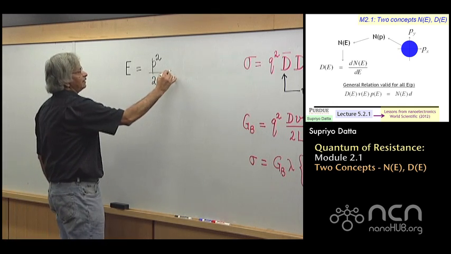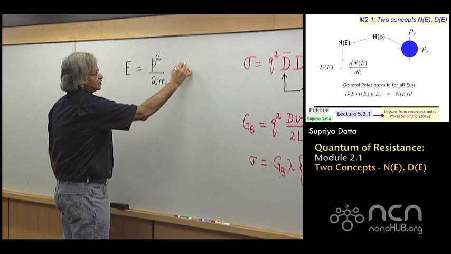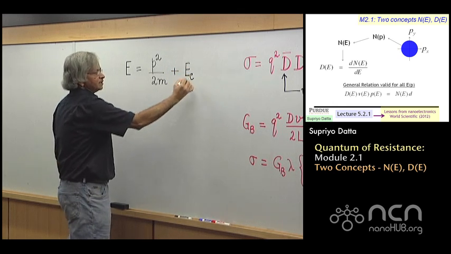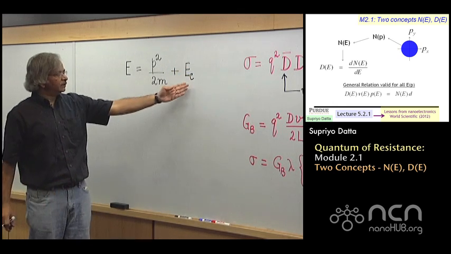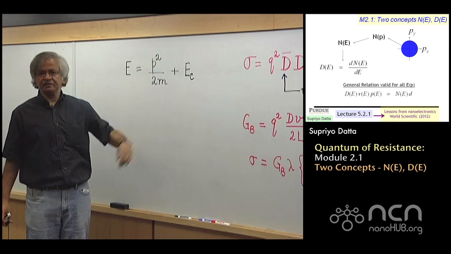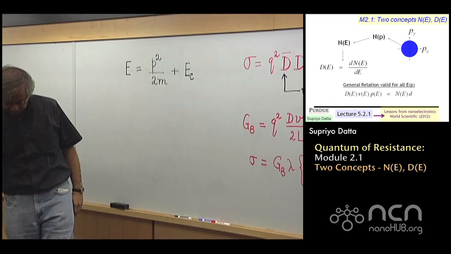And one might add a potential energy to it, a constant, EC. So this would describe electrons in many of the common semiconductors.